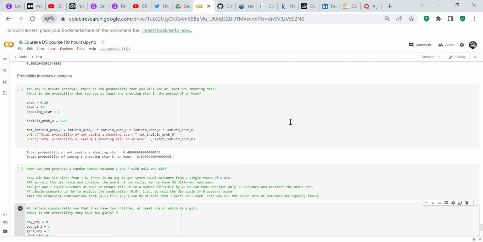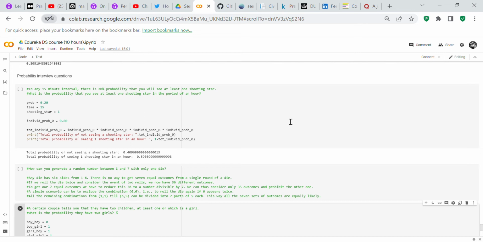So total individual probability 0 equals individual probability 0 times individual probability 0 times individual probability 0 times individual probability 0.